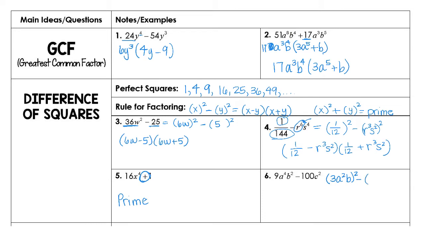Minus what is being squared at the other part? 10c, isn't it? So now we're ready for our factored part. So we have 3a squared b minus 10c times 3a squared b plus 10c. Any questions about it? Any questions?